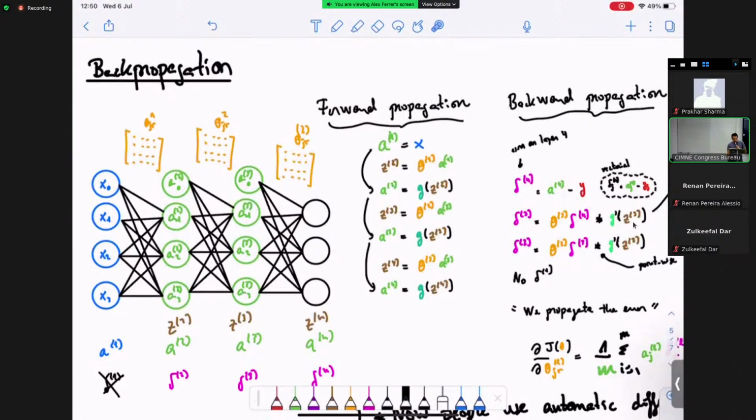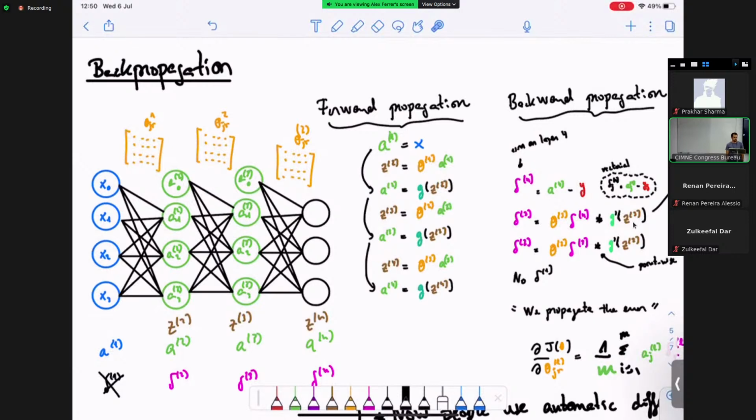Questions about forward and backward propagation? I have a question. Because to compute the backward propagation, you need all the A's. So you said before that calculating the cost might be very expensive.